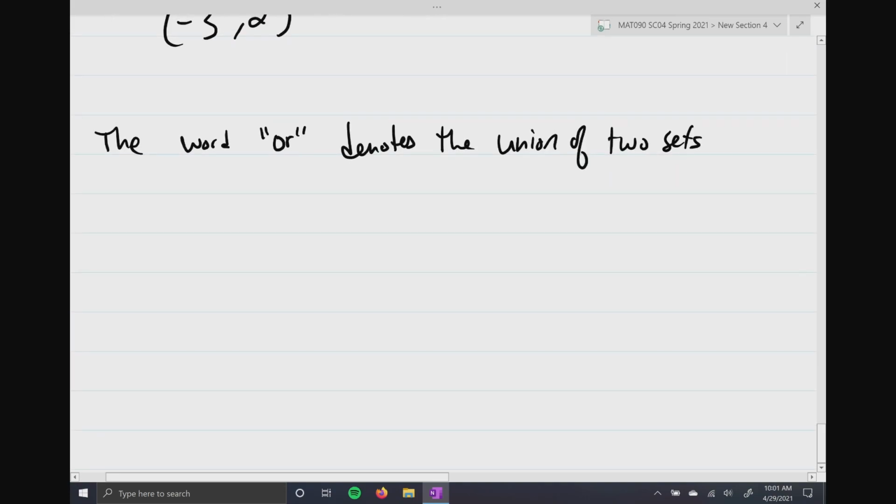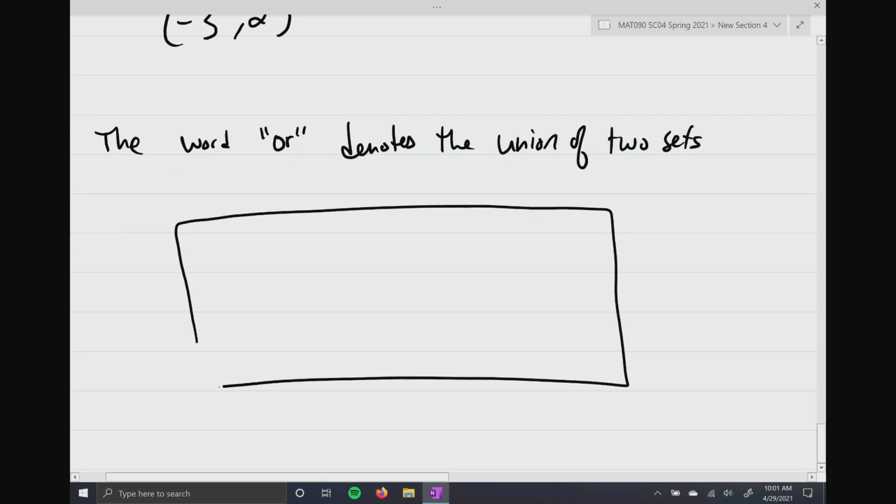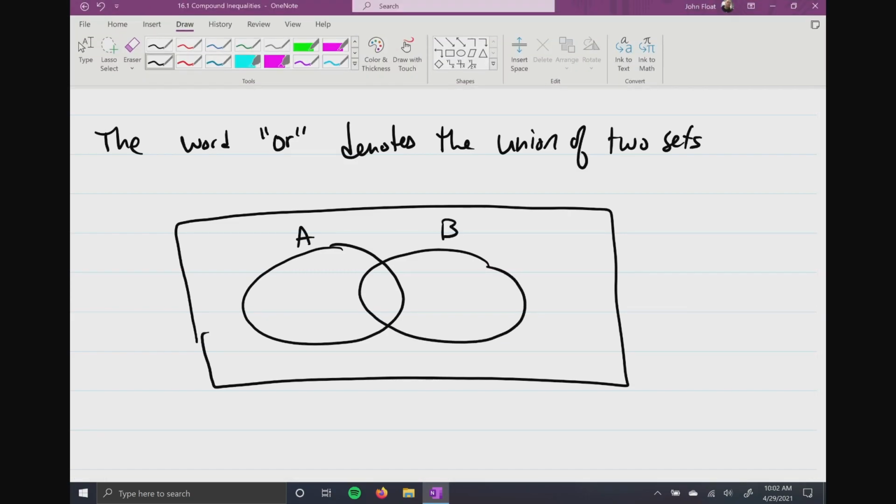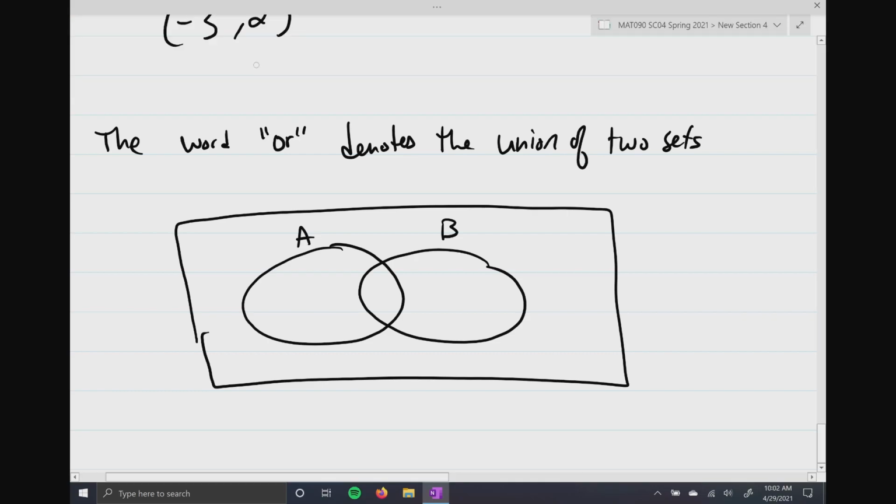Now, what does that look like in a Venn diagram? So you have set A, you have set B, and the union satisfies the first set or the second set, or both. In other words, the union is everything.